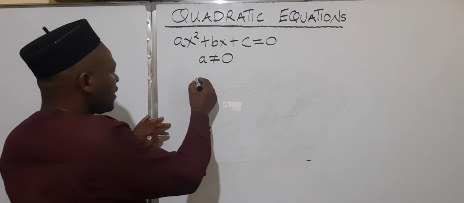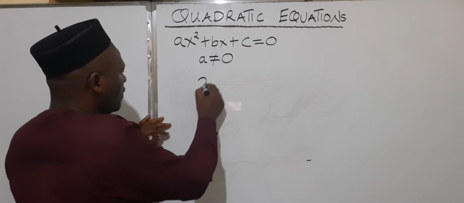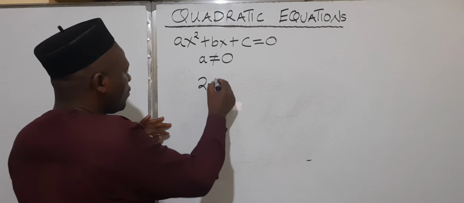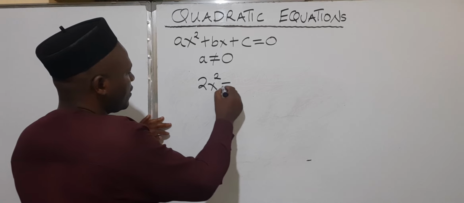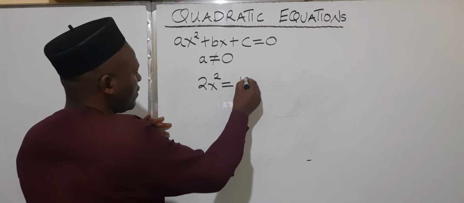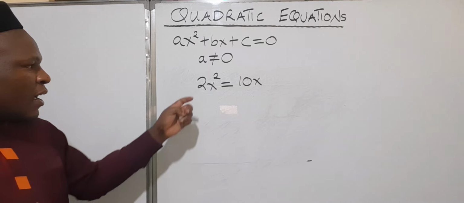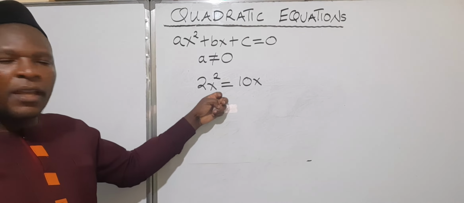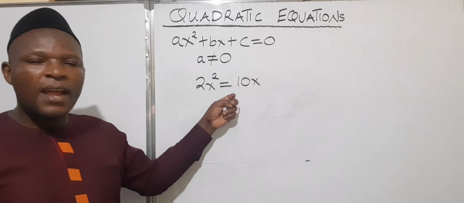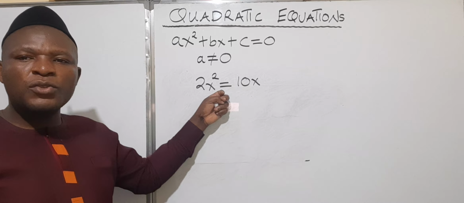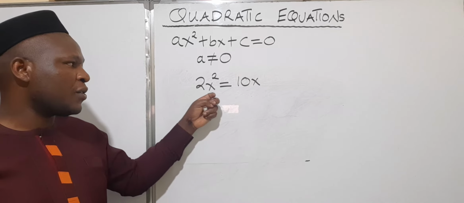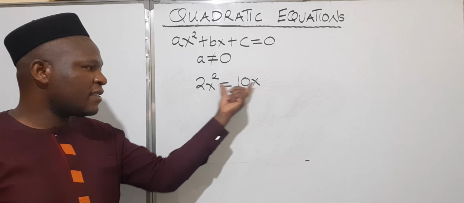You have questions like this one. Find the value of this. What you are supposed to do here is standardize this by making sure the equation equals 0, by bringing this to the other side.